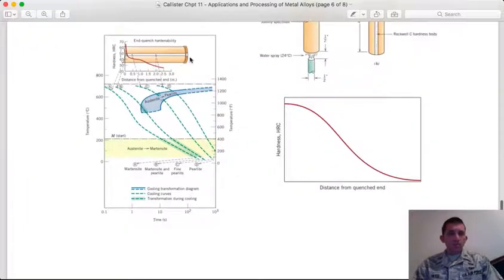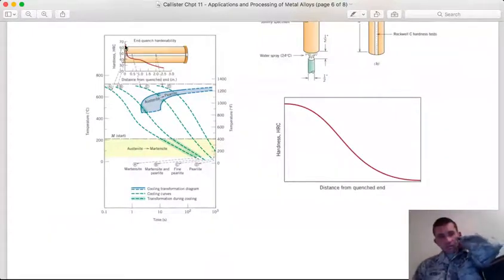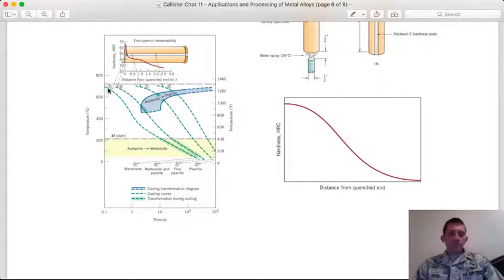What you see here, if you take this nominal end quench test specimen, is that right at the end you've got high hardness because it's easy to quench that quickly, right near your water source. That's indicative of going along a path like this, where you miss the nose for the pearlite.